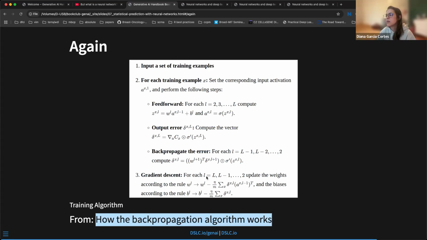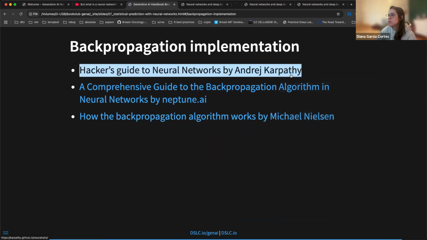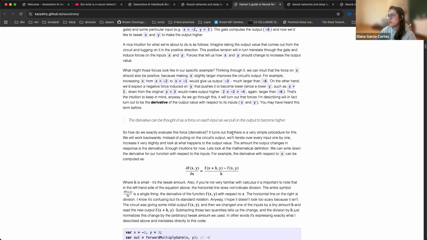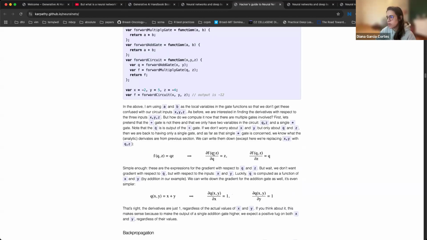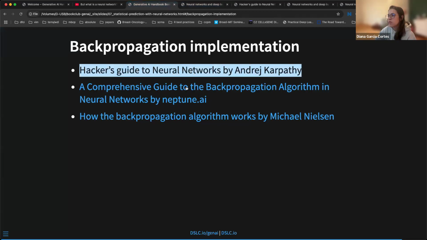In that step, what we're using is actually the gradient descent. And I also added some links that have the code to implement back propagation. This one is also really good. And this one is the one that says, okay, if you don't wanna touch any calculus, we can do something else, and it just uses code to talk about the same thing.